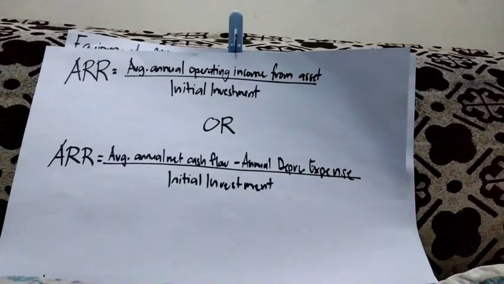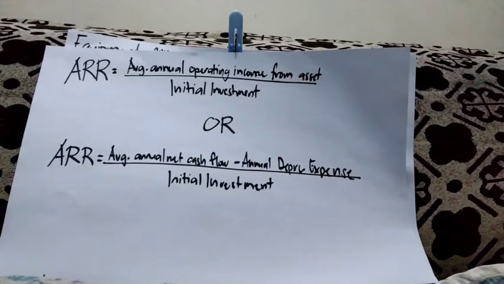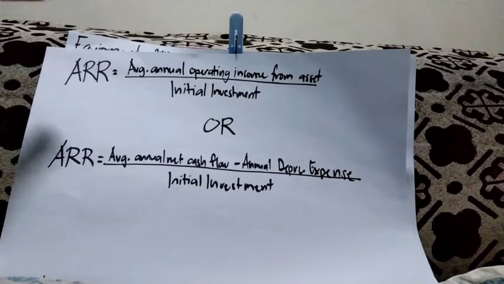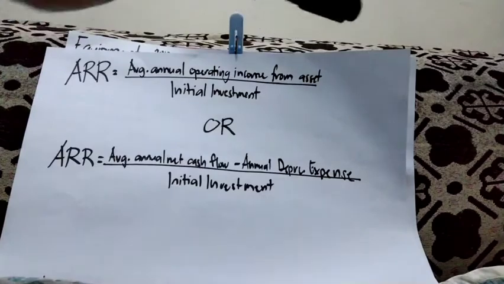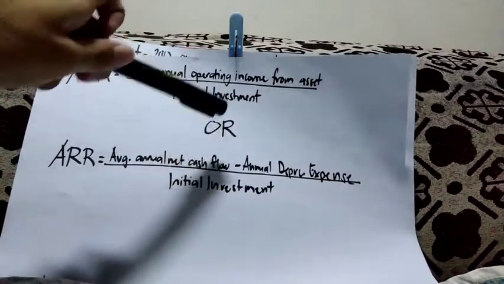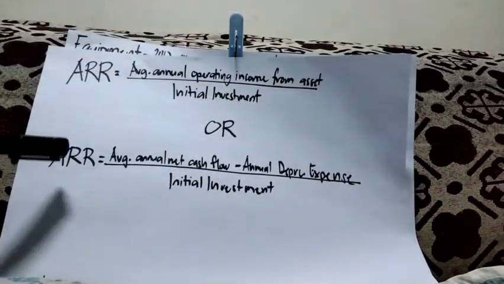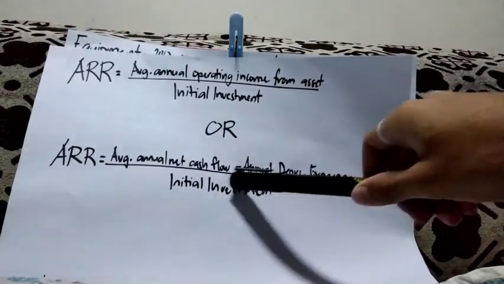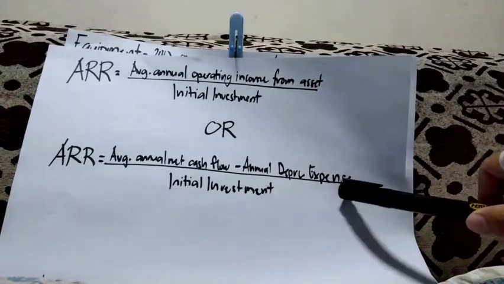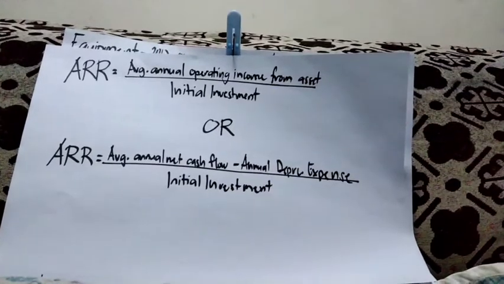So here is the formula of ARR, or accounting rate of return. ARR is equal to average annual operating income from asset over initial investment, or ARR is equal to average annual net cash flow minus annual depreciation expense over initial investment.